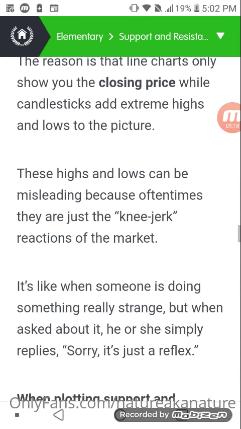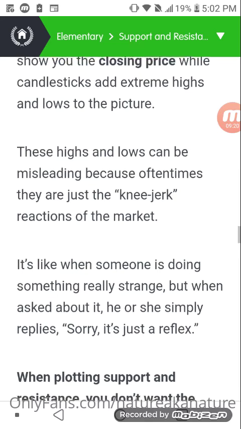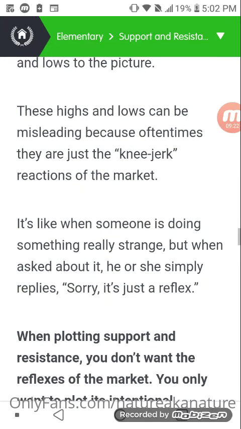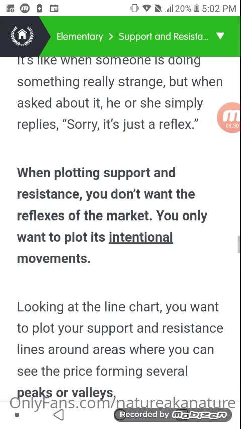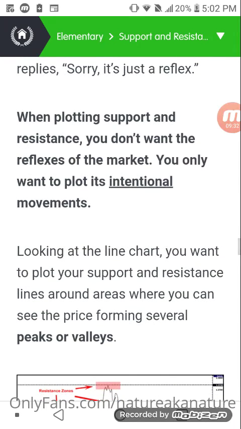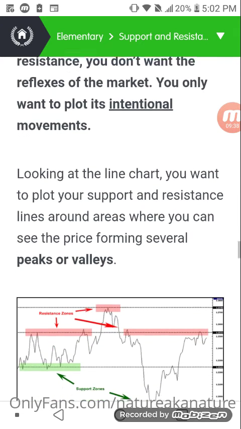These highs and lows can be misleading because oftentimes they are the knee-jerk reaction of the market. It's like when someone is doing something really strange, but when asked about it, he or she simply replies, "Sorry, it's just a reflex." When plotting support and resistance, you don't want to reflect on the market. You only want to plot intentional momentum or movement.